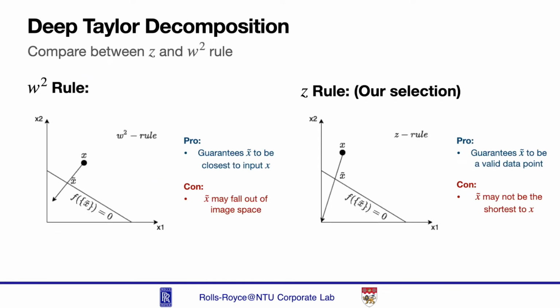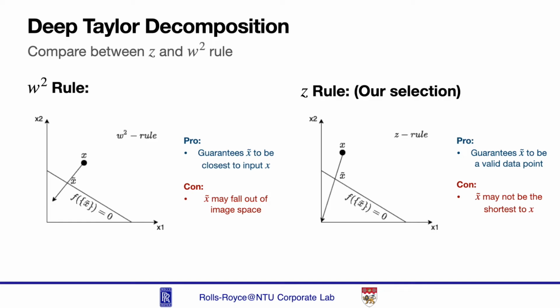In comparison, both rules have their pros and cons, and I think Prita selected the Z rule, which I think is also a common selection, and there's no problem about that, except that the root point x tilde may not always be optimal.